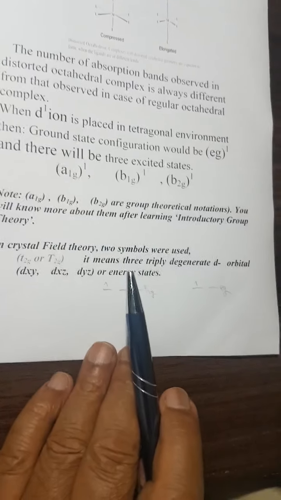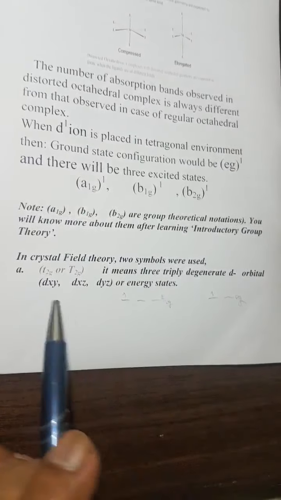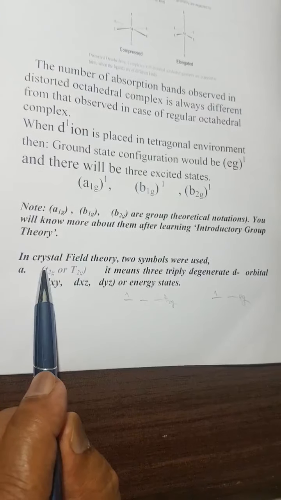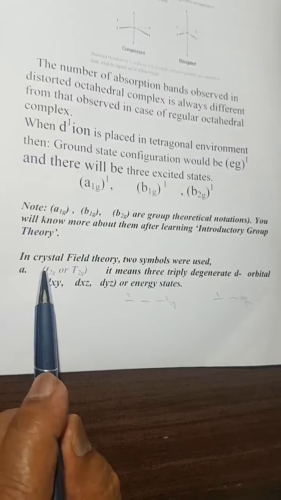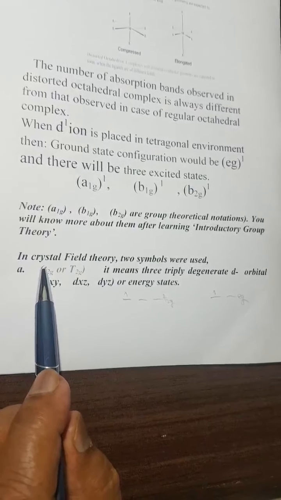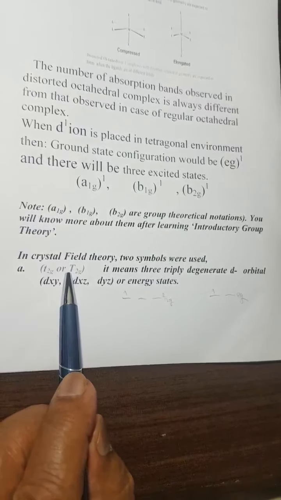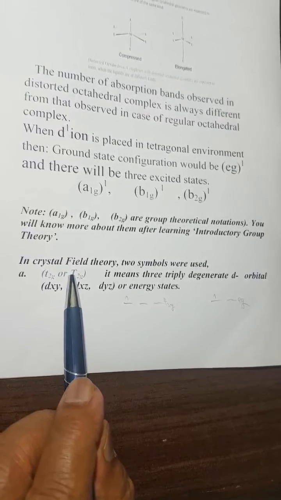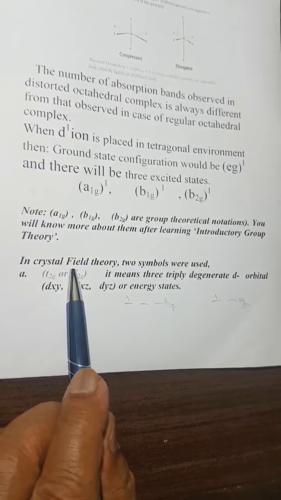In crystal field theory, two symbols we use, and you are familiar with these: one was T2g and the other was Eg. Now, T stands for 3, triply degenerate.